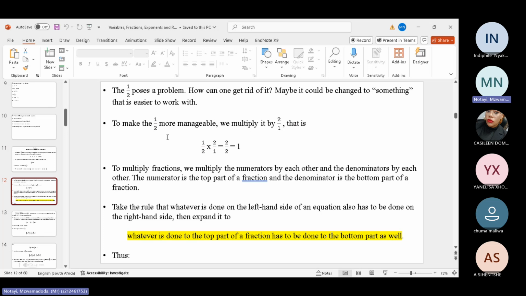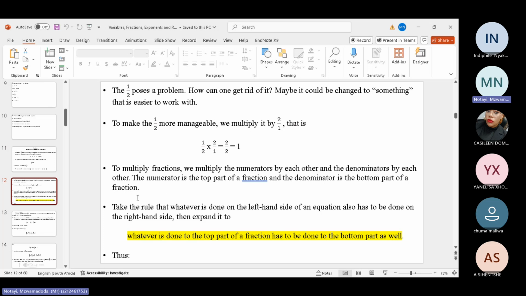So to make the 1 over 2 more manageable, we multiply it by 2 over 1. That is, we have 1 over 2 multiplied by 2 over 1 to get 2 over 2, which is equal to 1. To multiply fractions, we multiply the numerators by each other and the denominators by each other. The numerator is the top part of the fraction and the denominator is the bottom part.